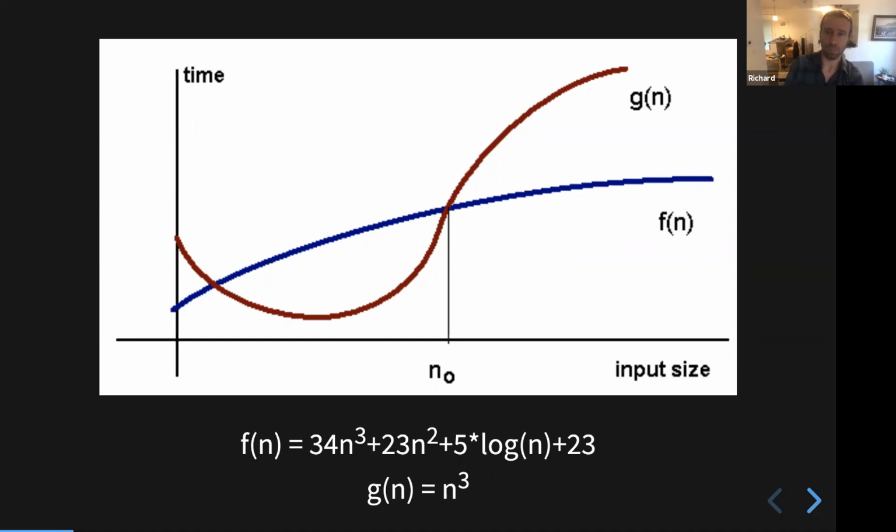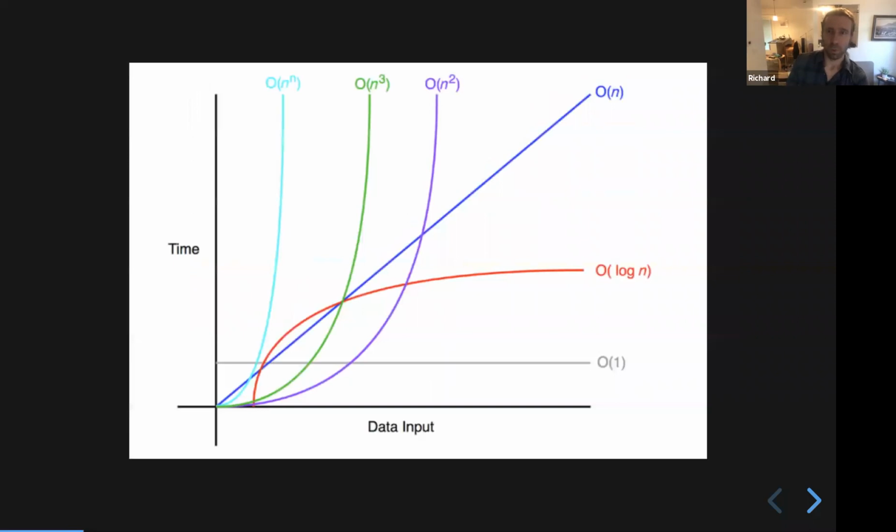What this image is showing is that despite fluctuations over here on the left-hand side, eventually there's some number of items beyond which one of the terms of the function f comes to dominate. And in the example below, that's this n cubed term. So knowing that, we can look at the behavior of what these higher order terms look like.